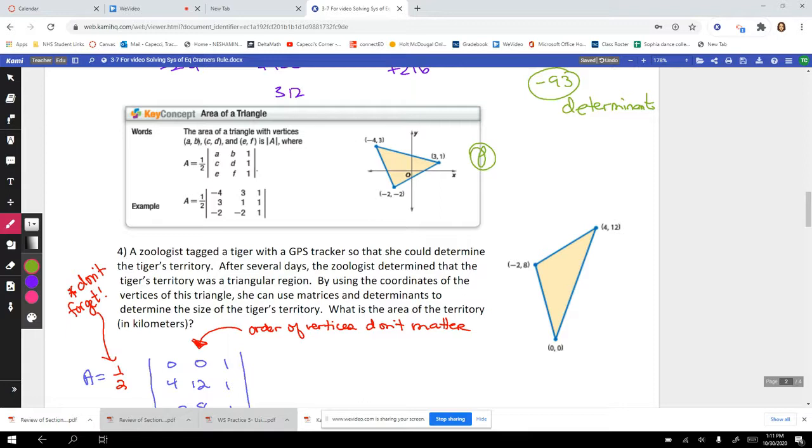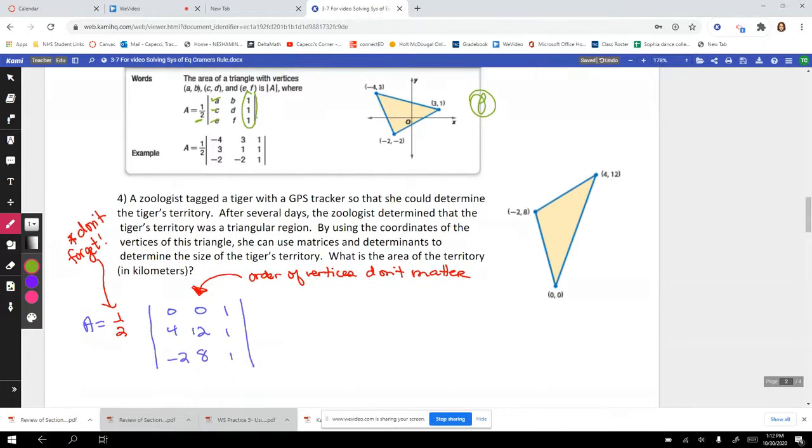So here's the formula. I'm going to put a 1/2 up front. So we have these pairs, right? Each of these are coordinate ordered pairs. The order of the vertices doesn't matter where you put them. The last column is going to be a 1. And then we'll go from there. We're going to use the diagonal rule.